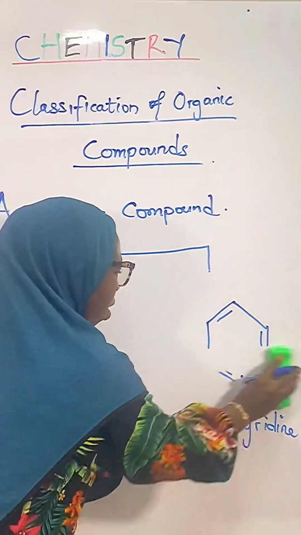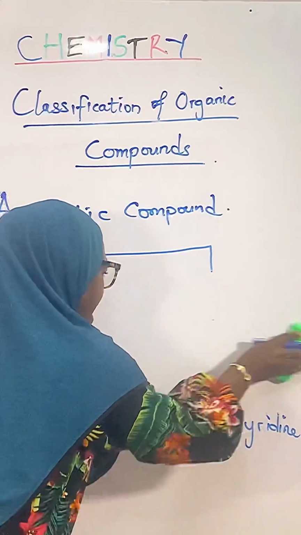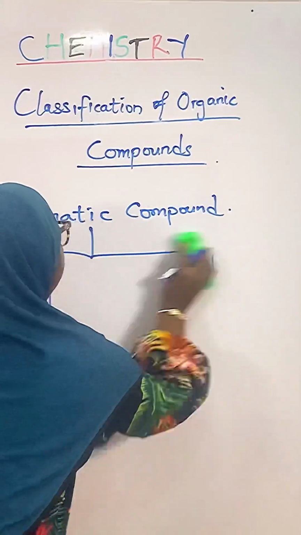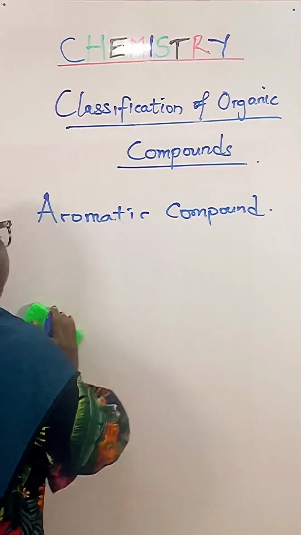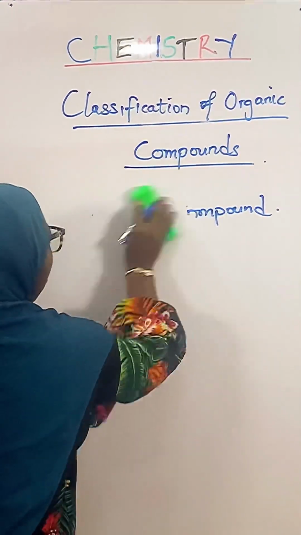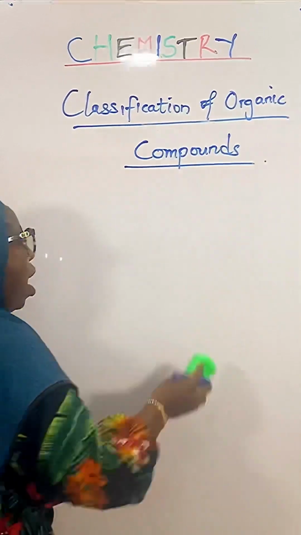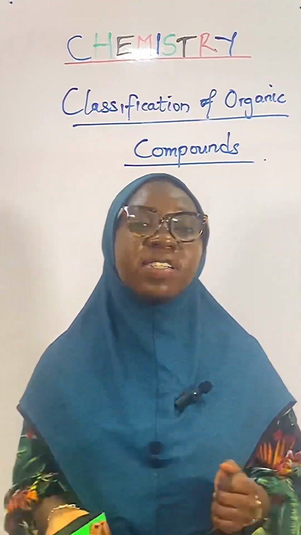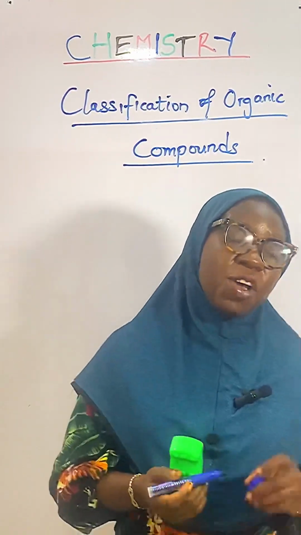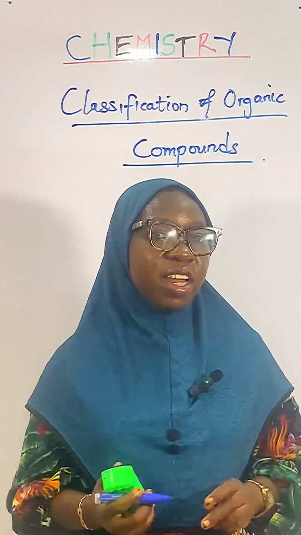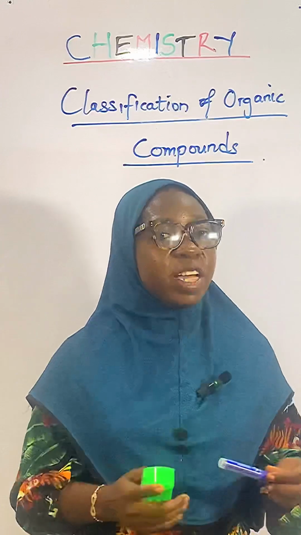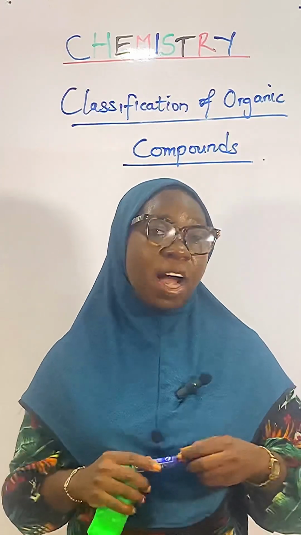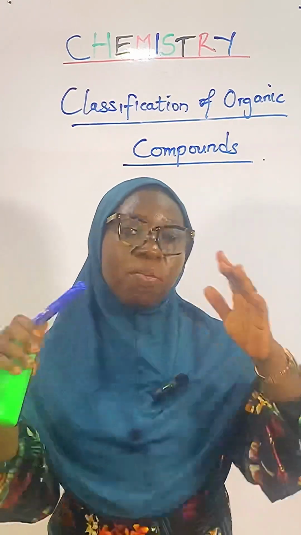Then the last one we'll be talking about is heterocyclic compounds. Heterocyclic compounds are more or less like homocyclic compounds. They are compounds that consist of rings. In homocyclic, I said, it is a compound that consists of a ring structure made of carbon and hydrogen atoms only.